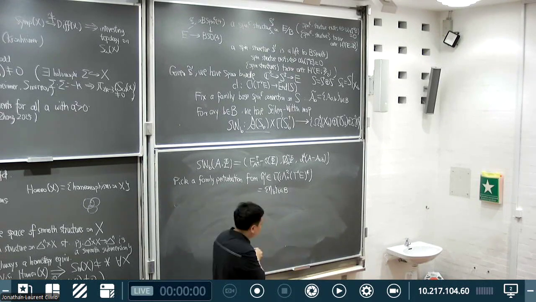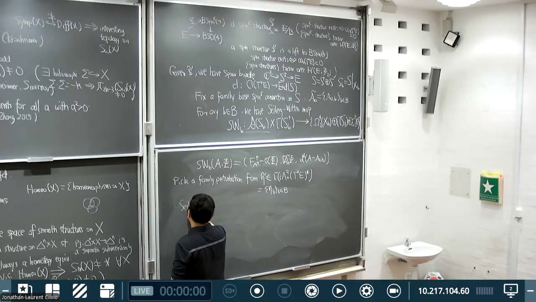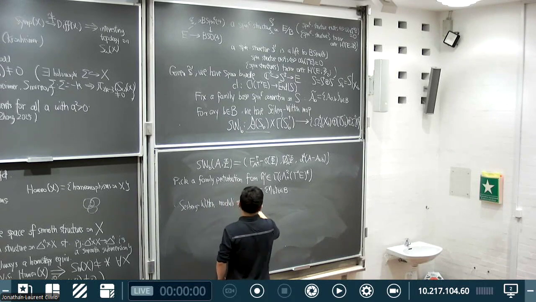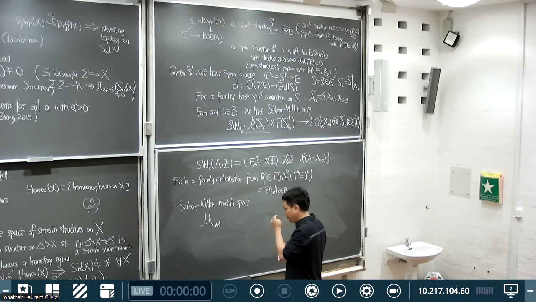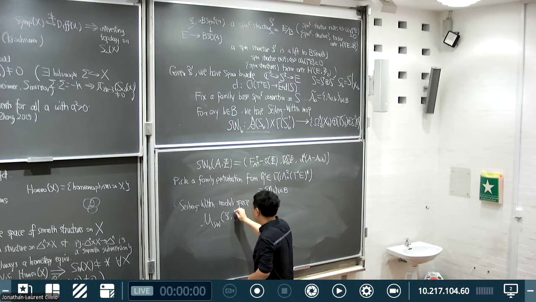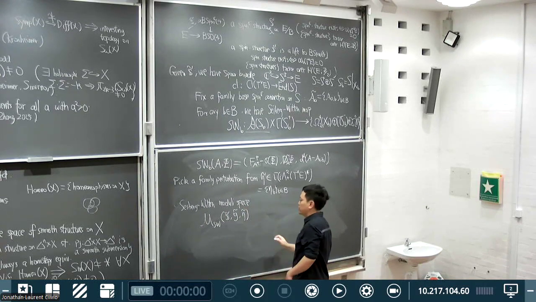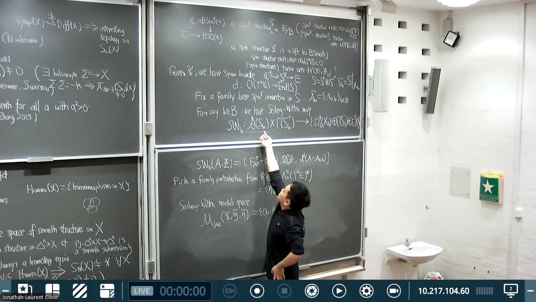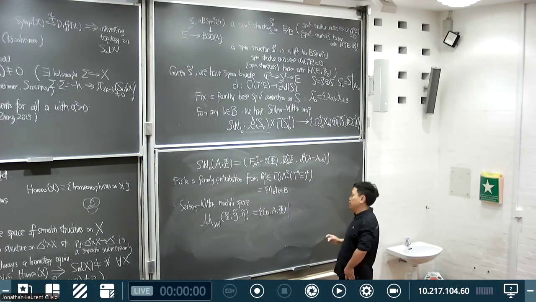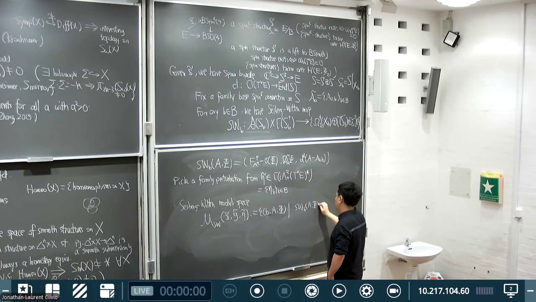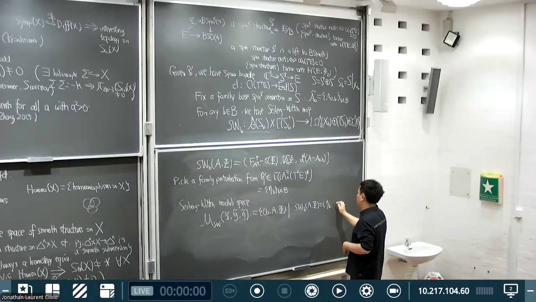Now, the thing we're interested in is the Seiberg-Witten moduli space W. Here I'm putting in the family spin C structure, the metric, and also the perturbation form. It is defined to be the space of tuples (B, A, C), where B is a point in the base, A is a spin C connection on S_B, and C is a spinor on the fiber, such that SW_B(A, C) equals (eta_B, 0, 0).